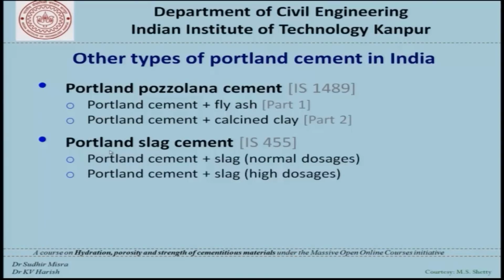The second type of cement that is available is Portland slag cement, which is specified in IS 455, and again there are 2 classifications: Portland cement plus slag at normal dosages and Portland cement plus slag at higher dosages. The explanation of these types of cements and the properties that they can provide are explained at a later stage when we discuss supplementary cementing materials and pozzolans in cement systems.